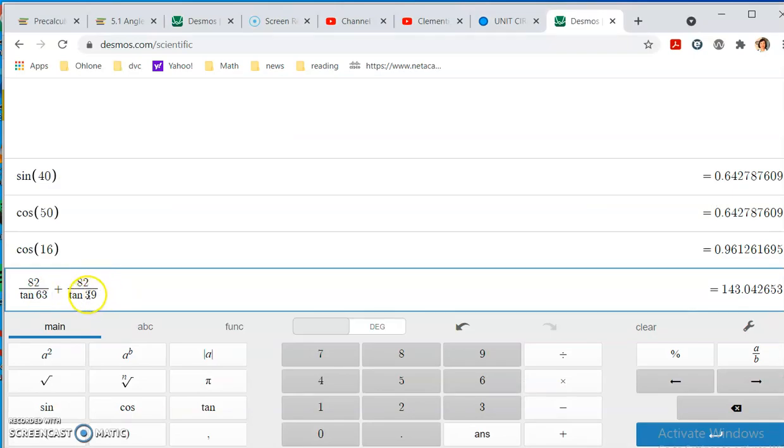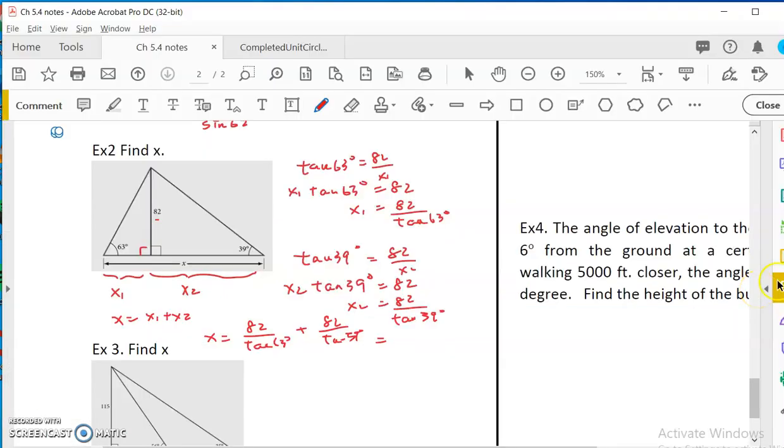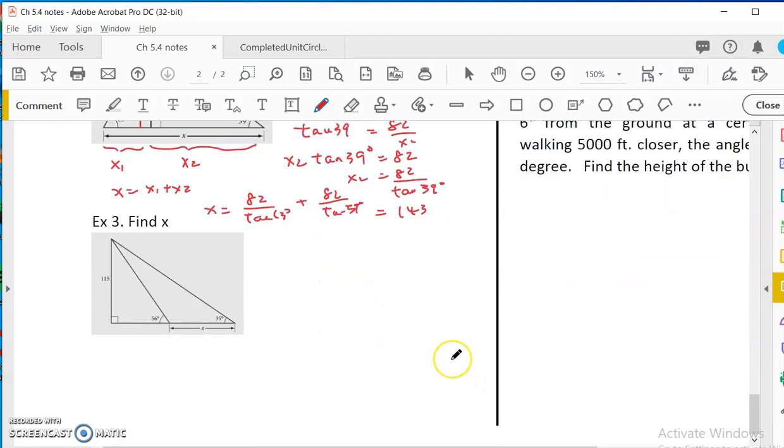Right. Okay. Correct. And then we just add them: 143. If I round it to the nearest unit, it is 143. Or 143.0 for the nearest tenth.